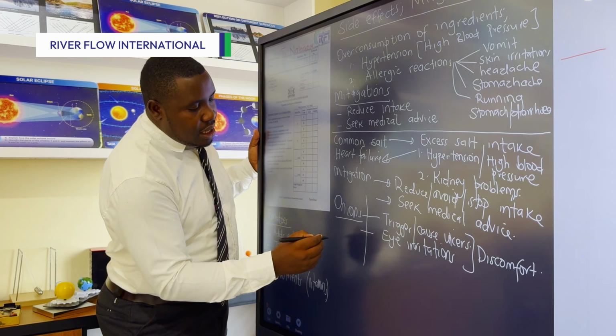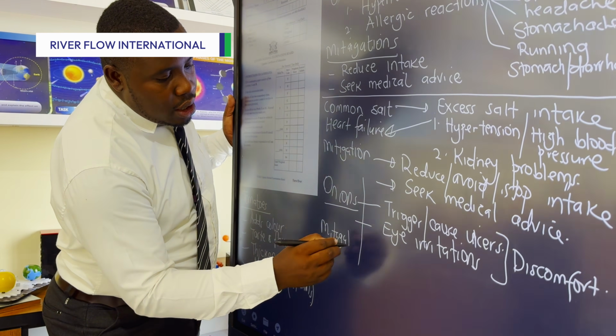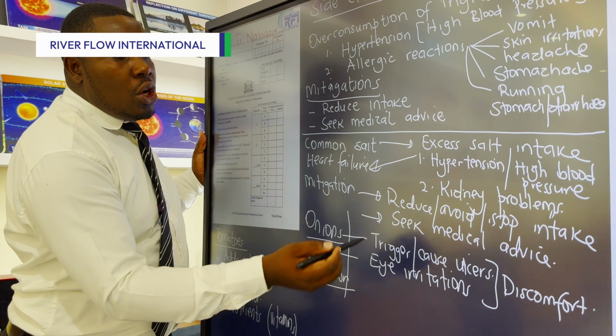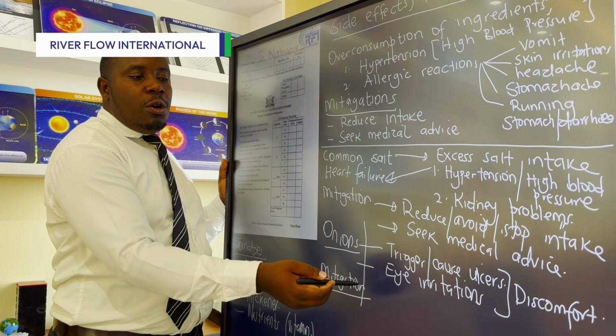And of course, the mitigation of these, like I told you, generally: number one, you reduce or avoid or stop taking food with excess onions.